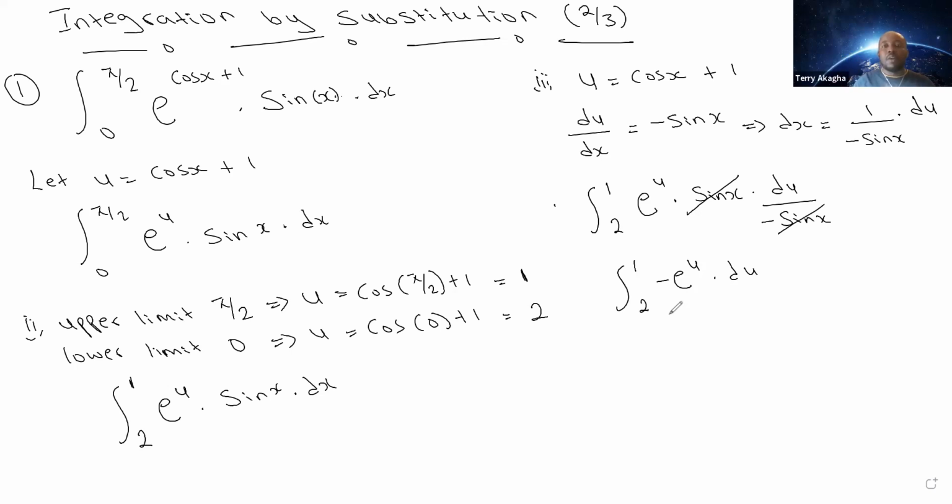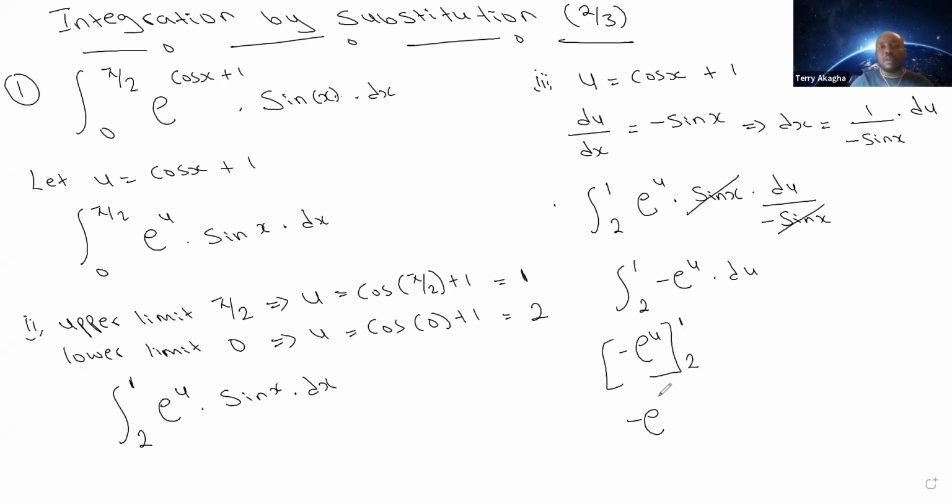So this is going to give you minus e to the u, in brackets with limits 1 and 2. That means you substitute when you have 1, minus when you substitute when you have 2.